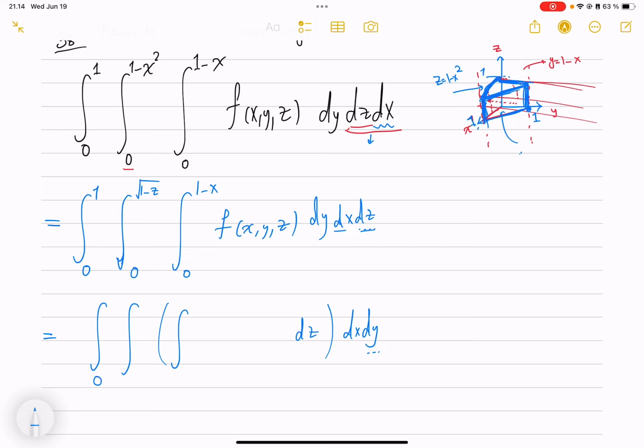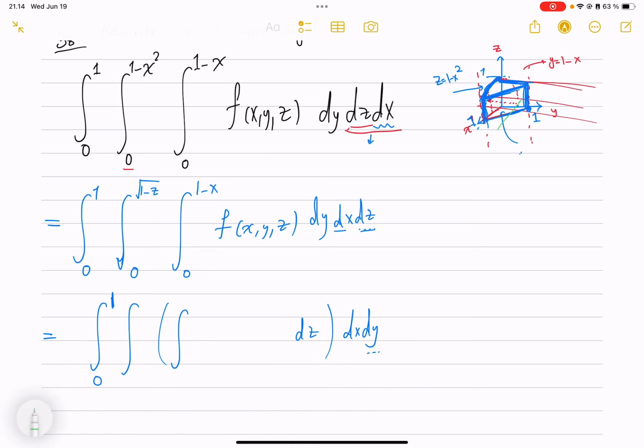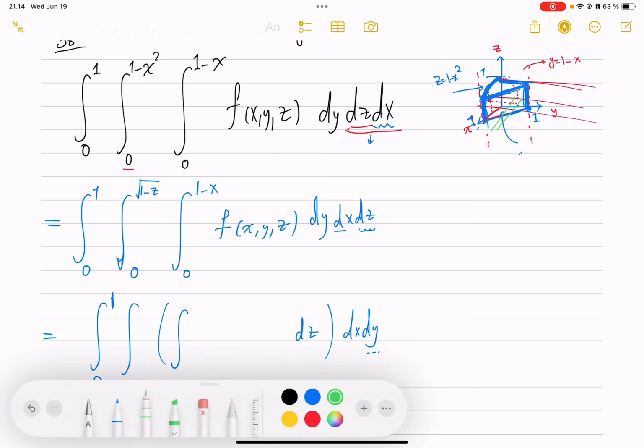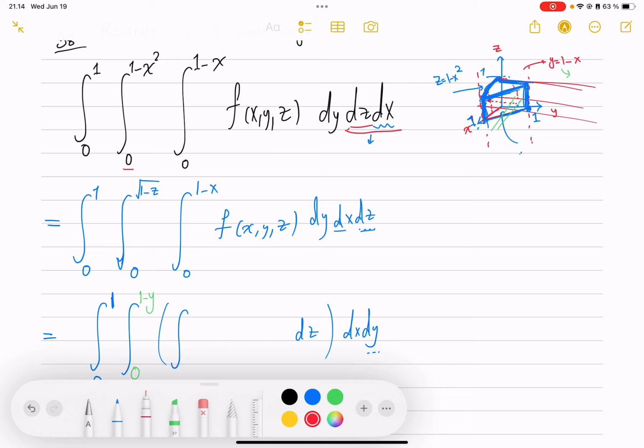So y goes from 0 to 1. And when I fix a y, let me use green here, then x ranges from 0 to x solved here, which will be 1 minus y. So I hope you can read that green easily there.